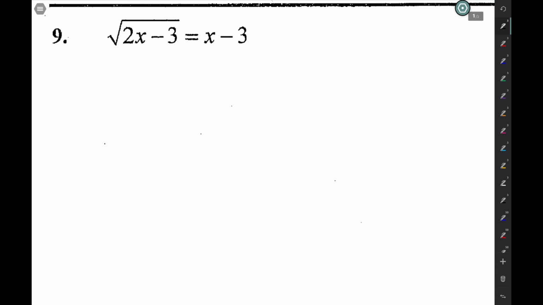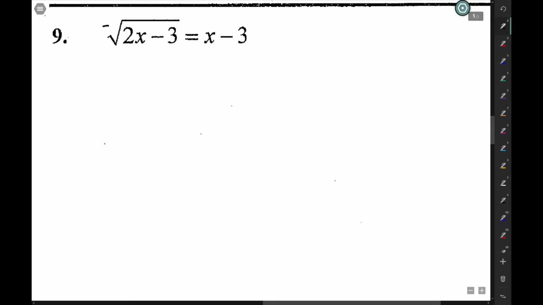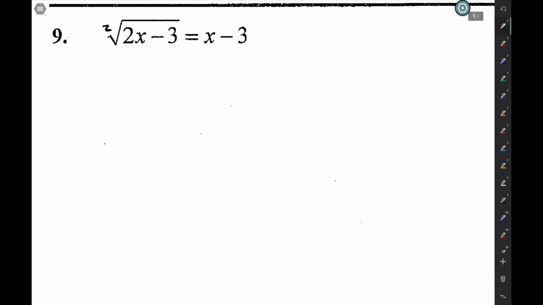Okay, so now I'm going to look at this problem, and it has an extraneous solution. The reason is, a square root, it's the inverse of a quadratic, right? We kind of already went over that. One thing that we had to do when we found the inverse of a quadratic, or the inverse of a parabola, when we put it on its side, we had to take half of it away. We had to restrict it.